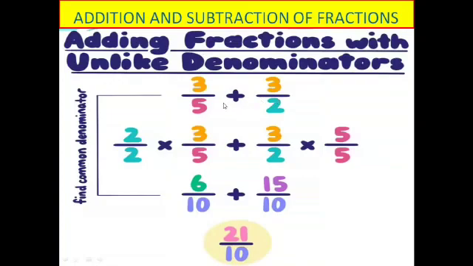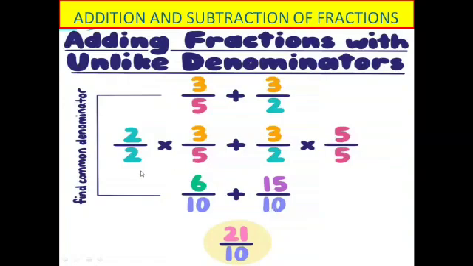So first we will take the LCM of 5 and 2, which is 10, and then we will make like denominators of these two fractions. Here 3 by 5 will be multiplied by 2 by 2 to make the denominator 10, and 3 by 2 will be multiplied by 5 to make the denominator 10.